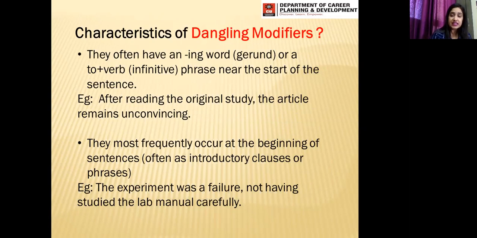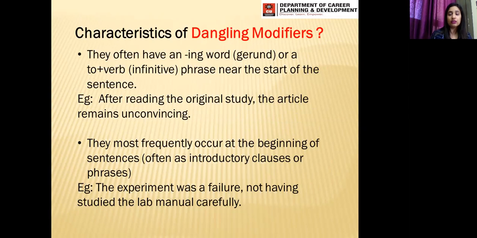Next, another tip to identify them: they most frequently occur at the beginning of the sentences. The problem is there in the start of the sentence itself. For example, "Not having studied the lab manual carefully, the experiment was a failure." Now "not having studied the lab manual carefully" is clear, and "the experiment was a failure."